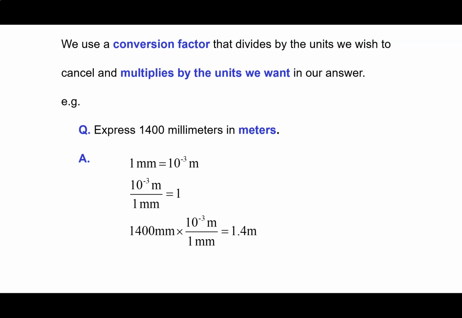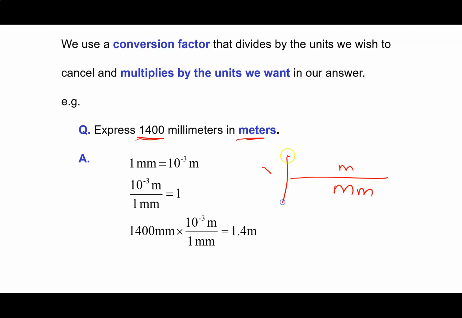So if I'm going to convert 1400 millimeters to meters, I want to get rid of millimeters, so that goes on the bottom line, and I want to gain meters, so that goes on the top line.